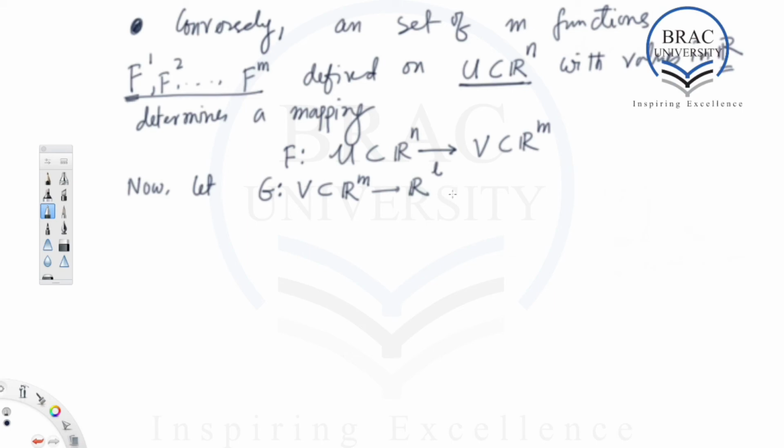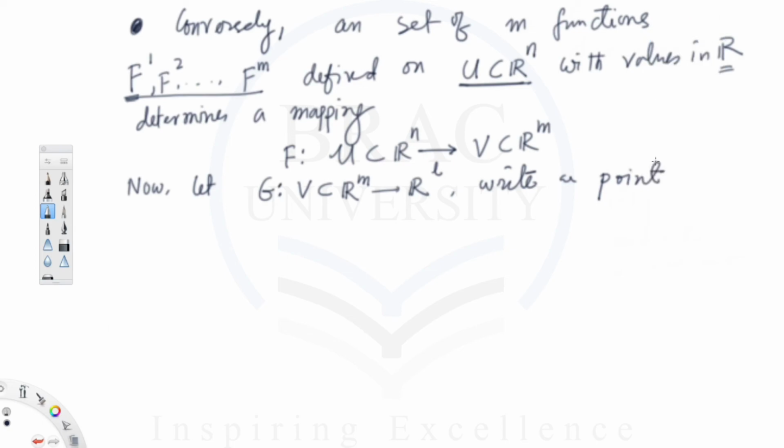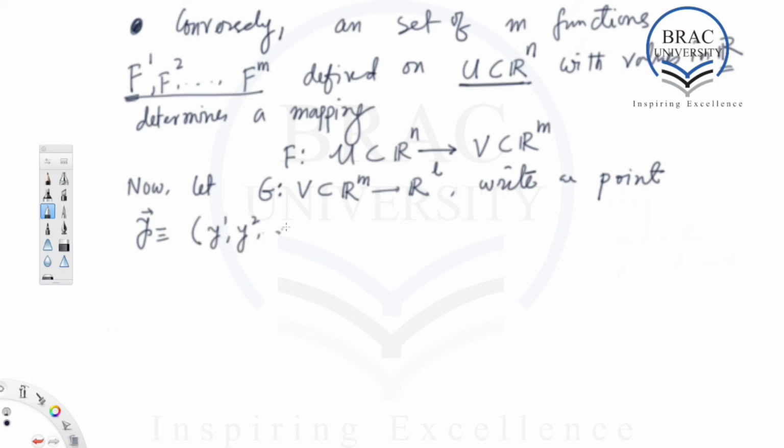Now write a point by vector y, which is an m tuple, a variable point in this subset. Okay, y being a point in this open subset V of R to the m.